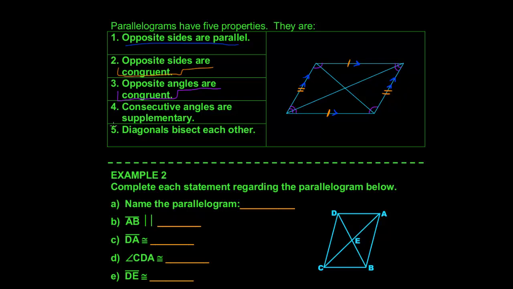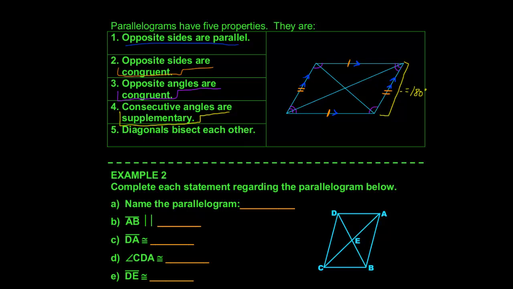Let's see what else we have. Consecutive angles are supplementary. So if we come out here to the side of this, we can put right here, this is equal to 180 degrees. Alright, we can say these two angles right here add up to 180. Just the same, these two can be that way, these two and these two as well will both add up to 180.